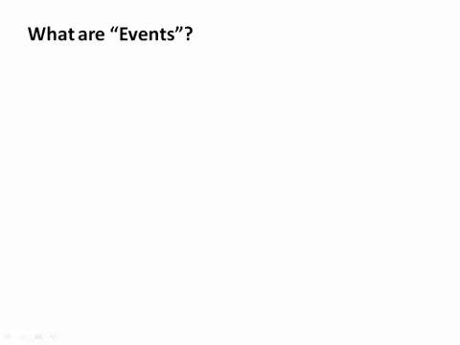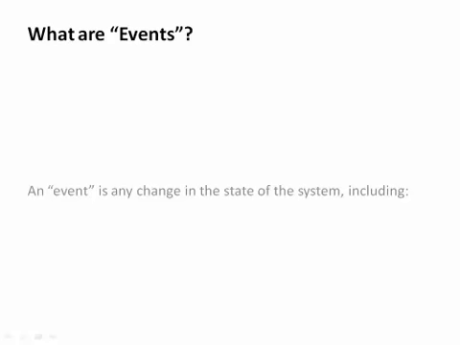The first question we ask is, what are events? For my models, an event is any change in the state of the system. That includes shift changes, resource availability changes, and if a resource is not explicitly modeled, its availability may be simulated using events. So maintenance operations are a class of events.